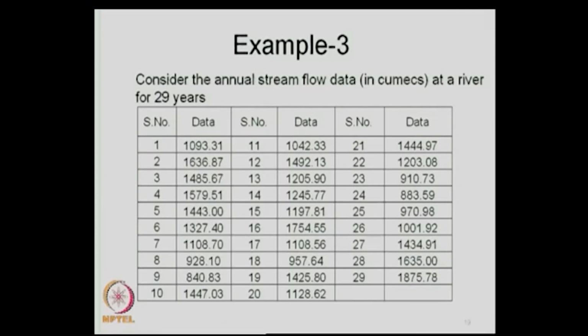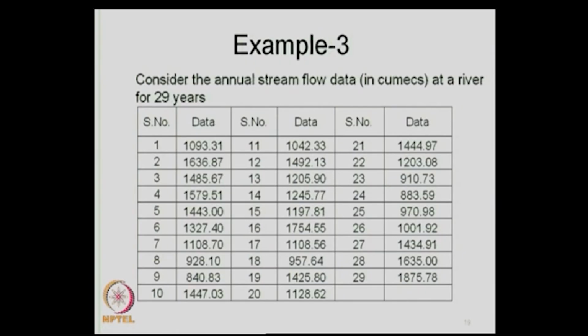Look at this example, 29 years of annual stream flows is available and that data is shown here. This is annual stream flow data at a river for 29 years. This is the year number, like this 29 years, and this is the stream flow data. So, we want to generate values from this stream flow data.